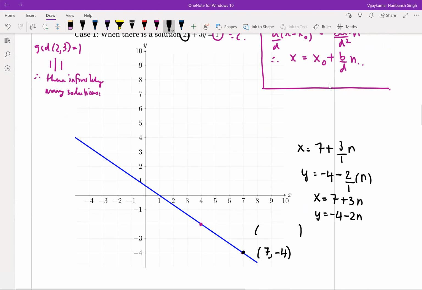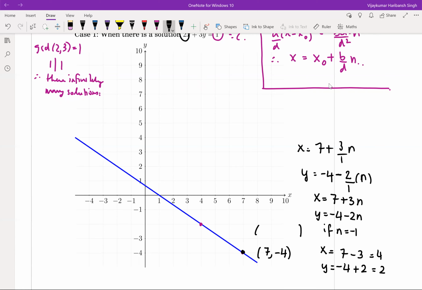So now let's see. If you take n to be minus 1, what do you get? x equals 7 minus 3, which is 4, and y is going to be minus 4 plus 2, which is going to be minus 2.